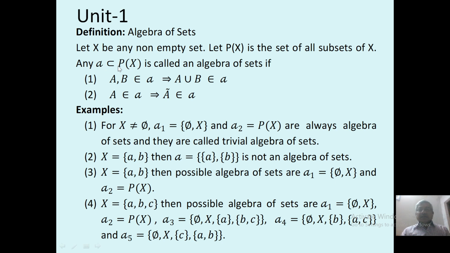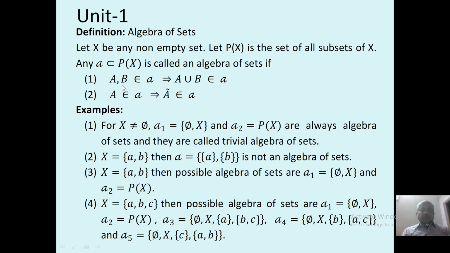So script A, which is a subset of P of X, is called an algebra of sets if two conditions are satisfied.